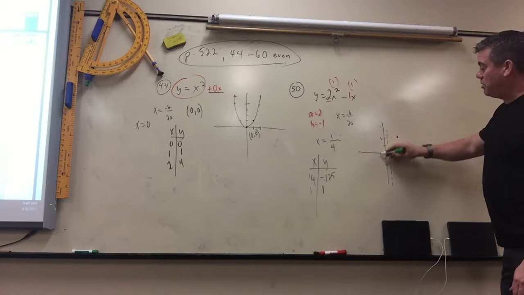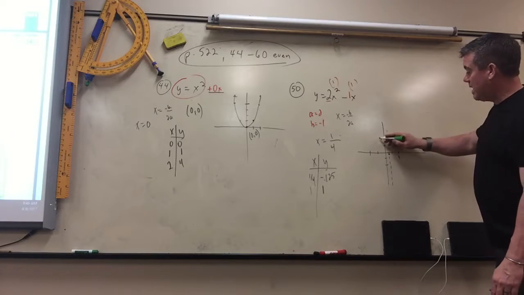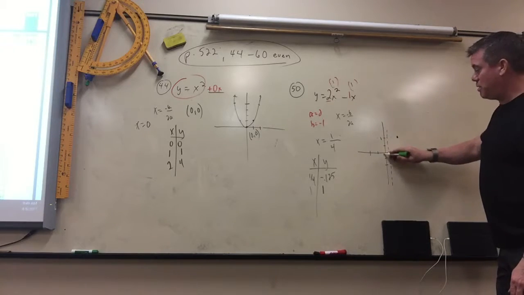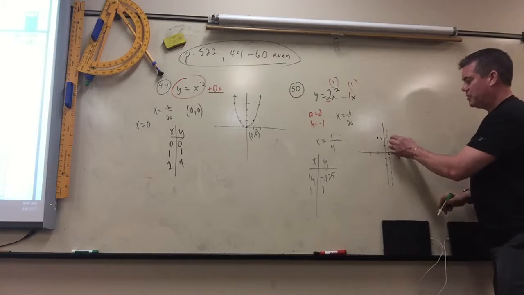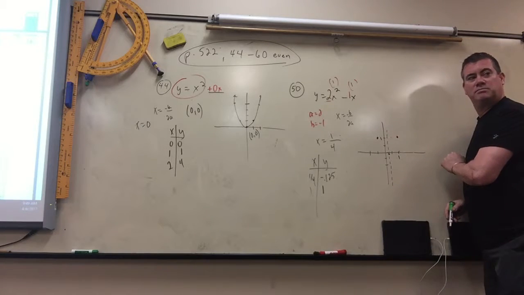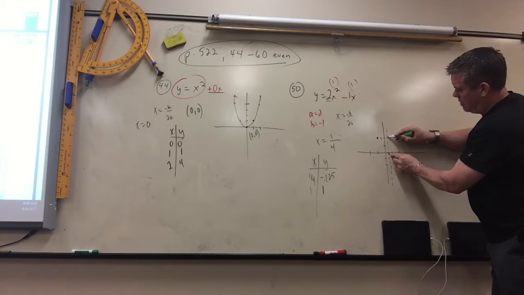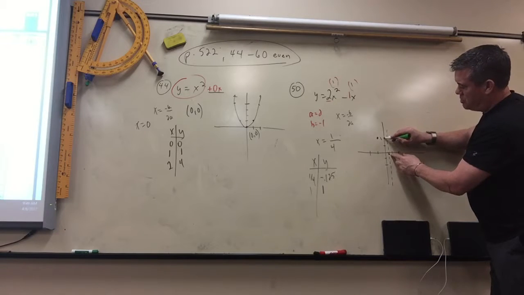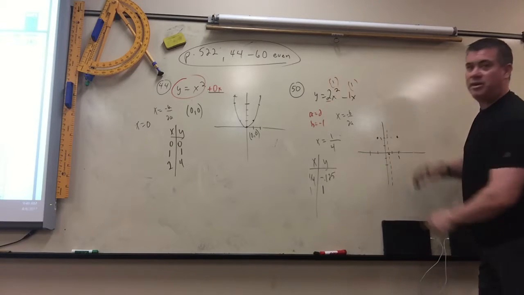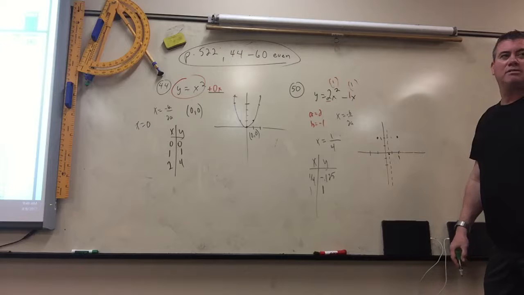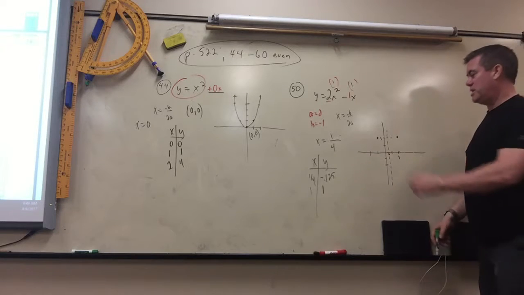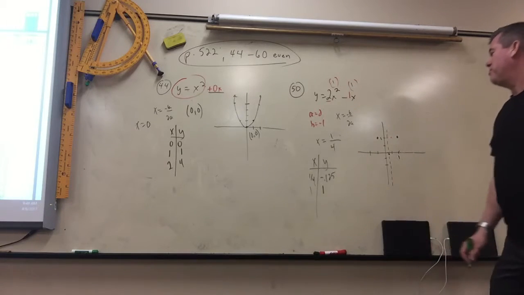So this is a fourth, and this would be a half. Because remember we went by halves? So it's the same distance on each side. From here to here is a half, and then a fourth. So this is a fourth, and then another half right there. So you just gotta go the same distance across.